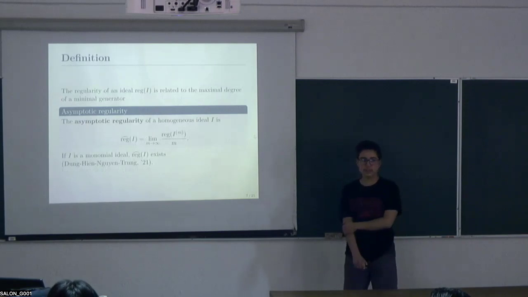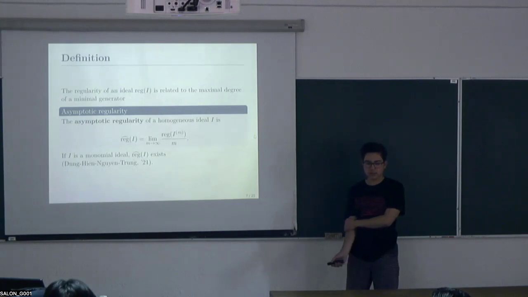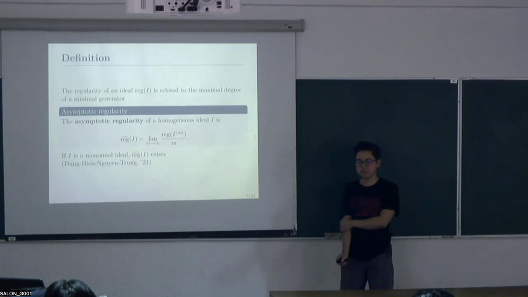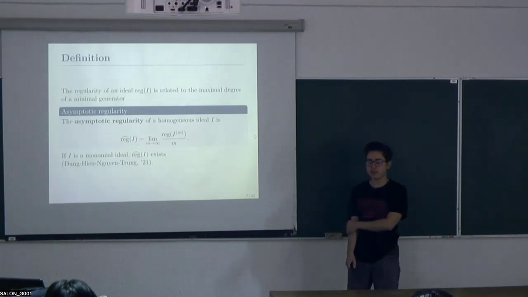The next thing that we were interested in looking at was the asymptotic regularity. So for the experts in the room, the regularity of an ideal is just the number of rows in its Betti table. But for the ideals that we were interested in looking at, it was, roughly speaking, the maximal degree of a minimal generator of the ideal.